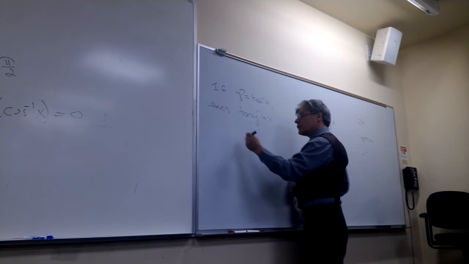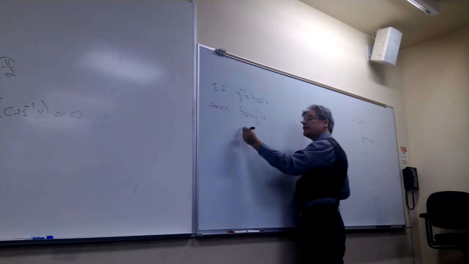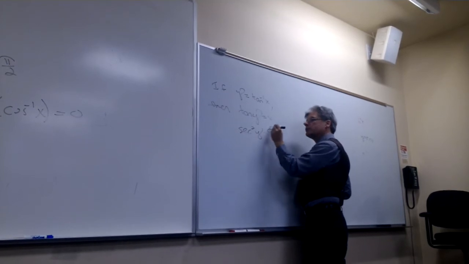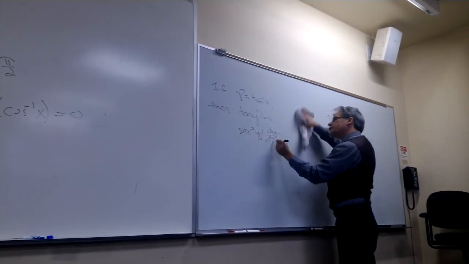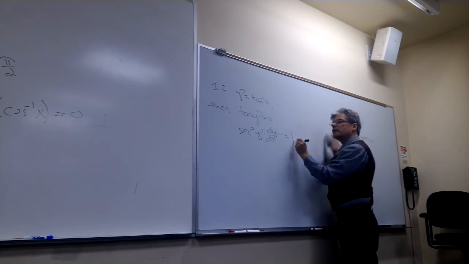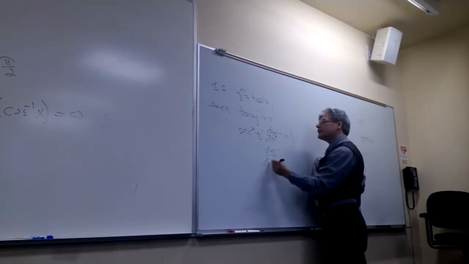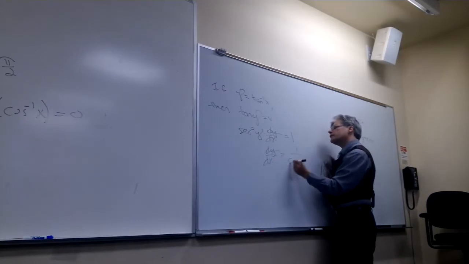But to differentiate with respect to x, the tangent of anything is just secant squared of that thing. Ah, shoot, chain rule. But differentiating with respect to x, the right-hand side just gives me 1. So I think dy dx is nothing more than 1 over the secant squared of y.